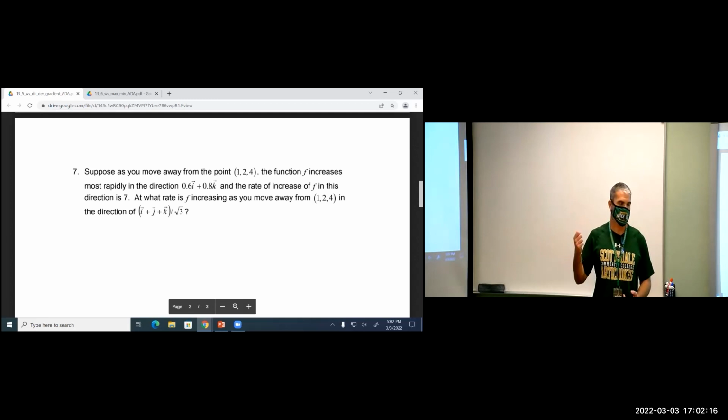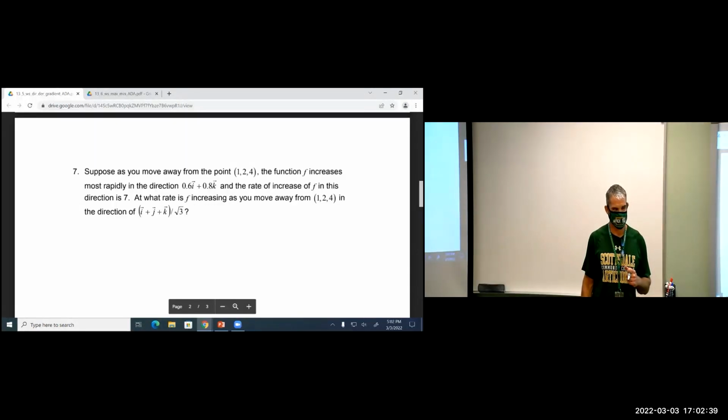Remind me, what does the gradient give us? Its magnitude is the maximum rate of change, and its direction is perpendicular to what? A vector. What vector?